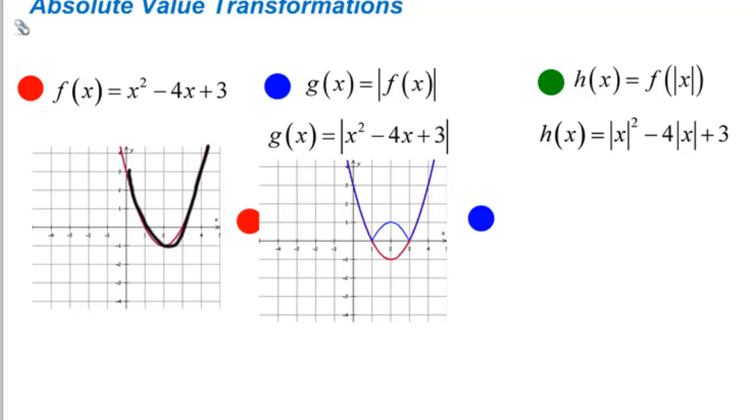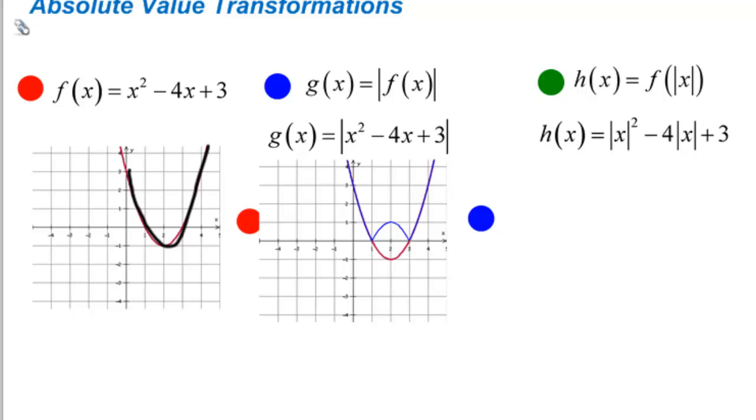No change. Now when x is negative, I won't get the same y value because I'm changing x to its positive partner. So if x started out as negative 3, the first thing I would do is change it to positive 3. And I would get the y value for positive 3 when I plug in negative 3.